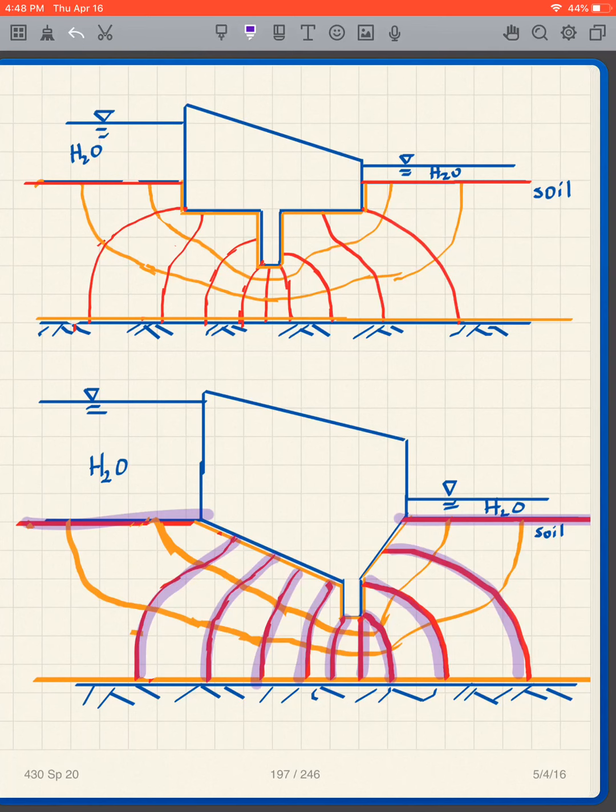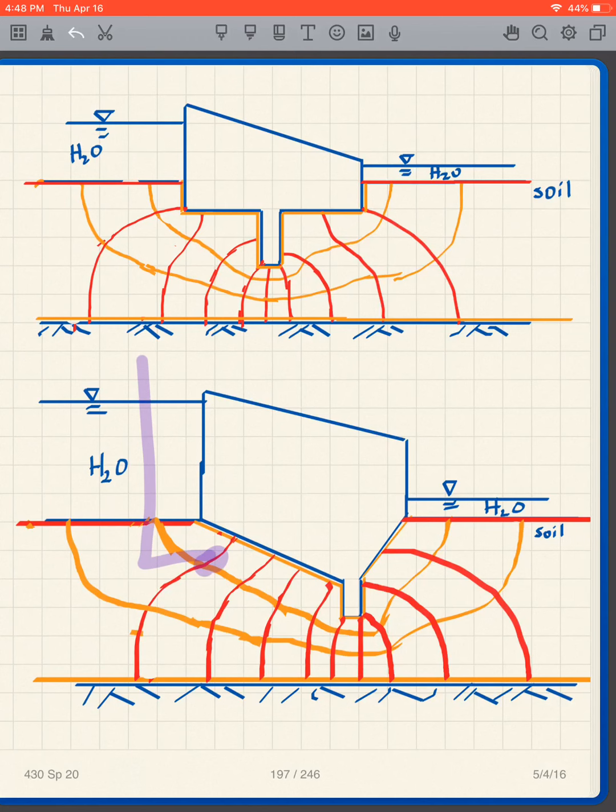Now, we've talked about piezometers, and so what do I mean by that? If you remember what a piezometer is, it's like a manometer in the soil. We put a piece of plastic tubing in the ground at a particular point with an opening right there, for instance. So this plastic tubing would go in the ground and go up like that.